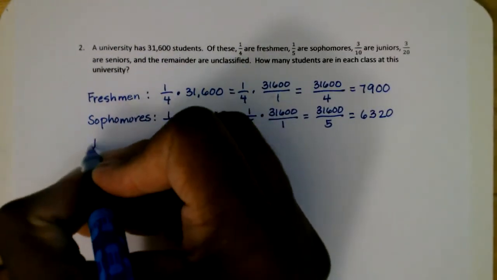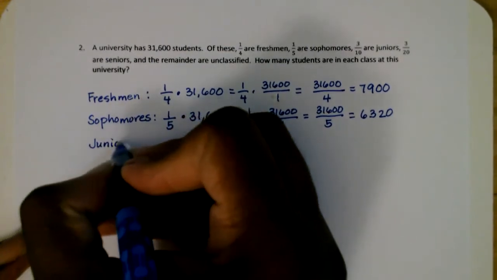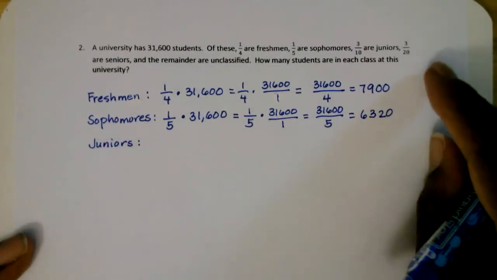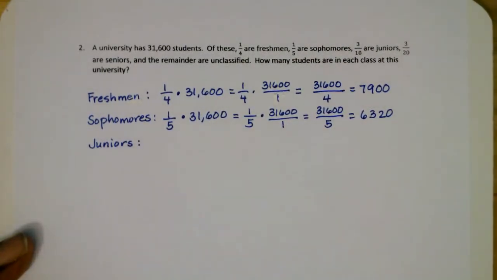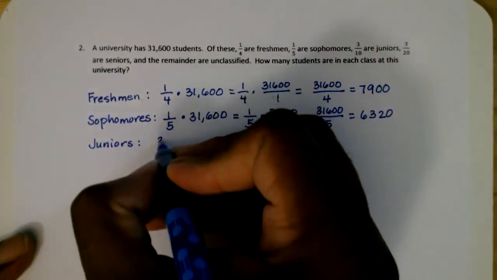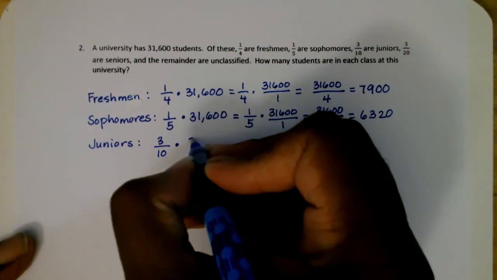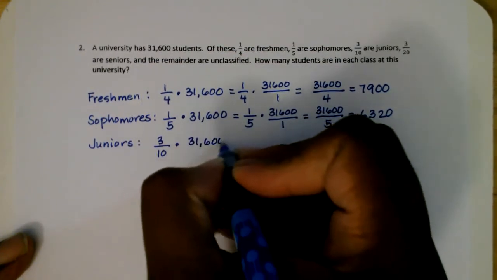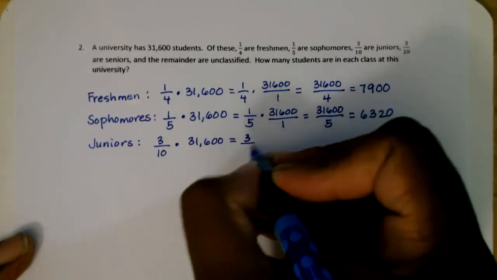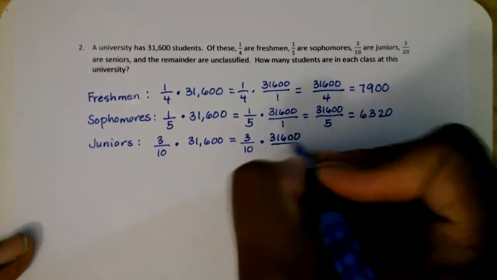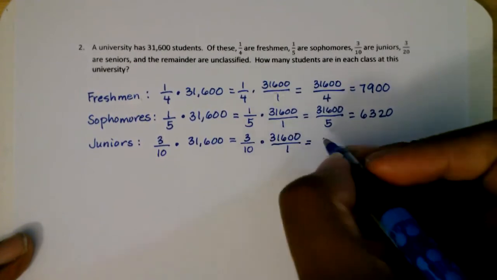And then for juniors, it says here that 3/10 are juniors. That's 3 over 10 times 31,600 over 1.